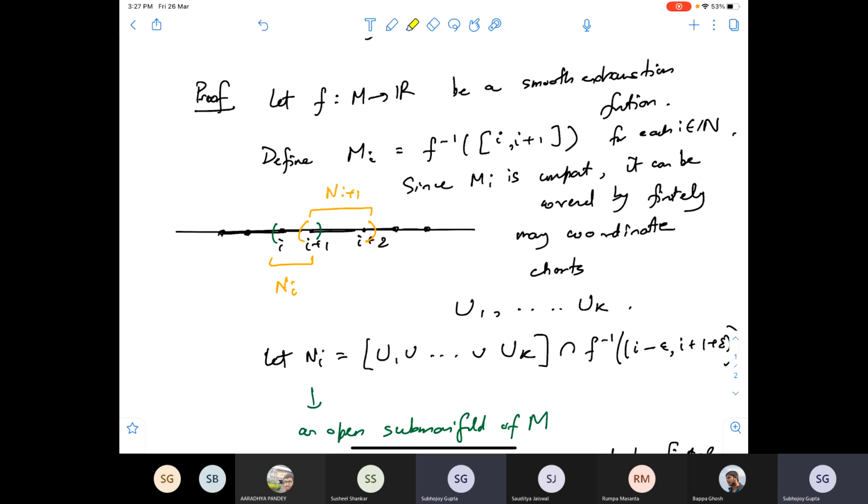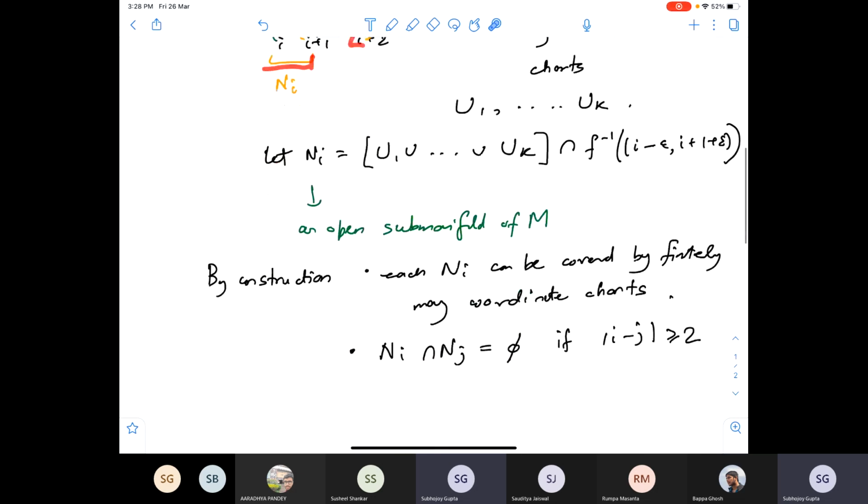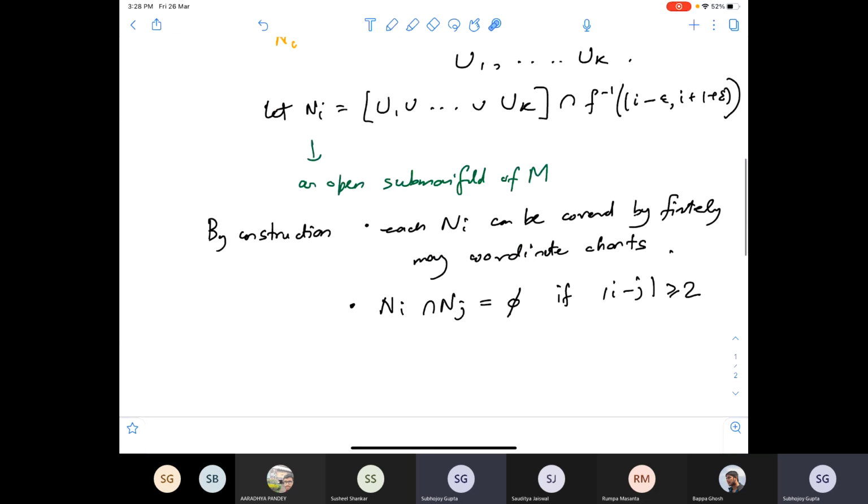So these might intersect because there's a little bit of an overlap here. But the next one, ni plus 2, has no chance of intersecting with ni, right? This is one feature of this construction, and we're going to use this fact that we've nicely constructed.